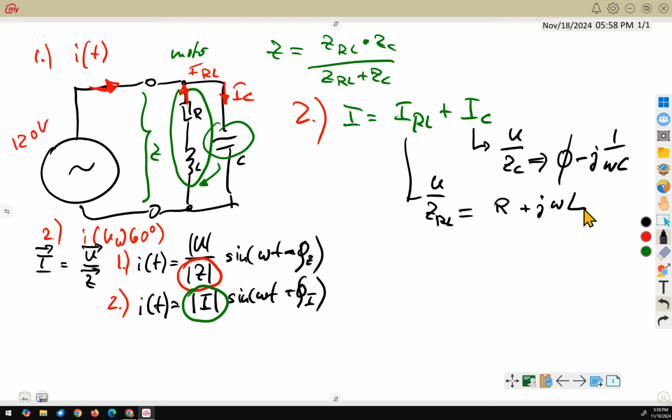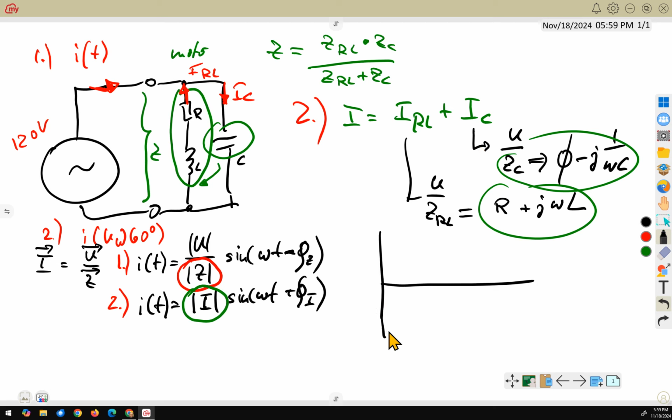And now when we calculate these terms and do the calculation and the triangulation, the phasor diagram would look like this. We have here our real part, imaginary part, everything is for the current. We get our current through the capacitor, which leads the voltage.